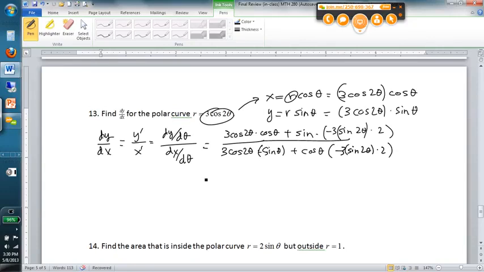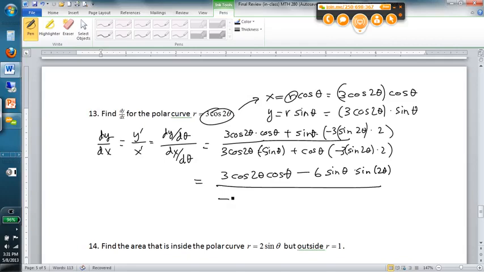What can I clean that up with? 3 cosine 2 theta cosine theta, minus 6 sine theta sine 2 theta. And then about the same thing happens down here: negative 3 cosine 2 theta sine theta minus 6 cosine theta sine of 2 theta.